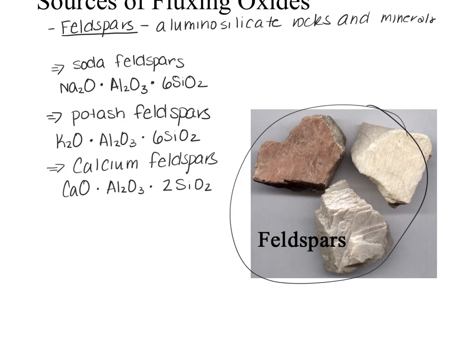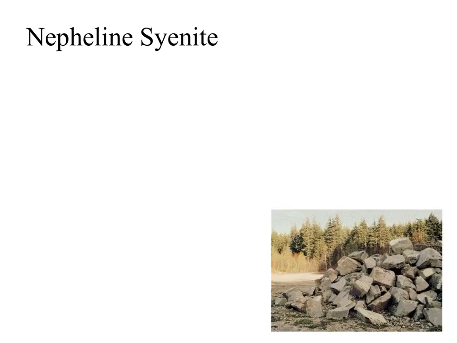Now, another fluxing oxide or source of fluxing oxides that we can have is nepheline syenite. This is just another fluxing agent.